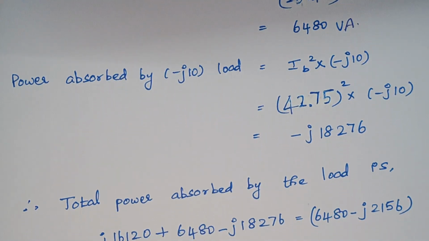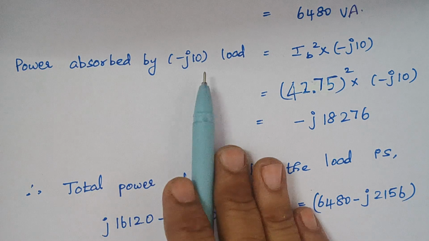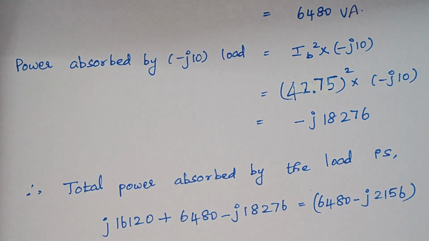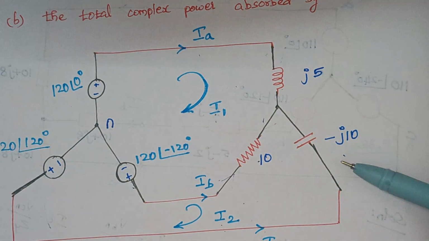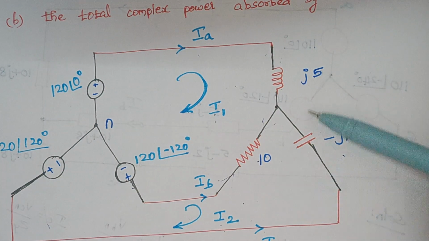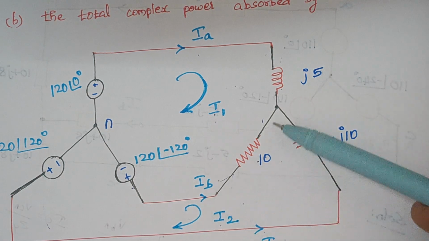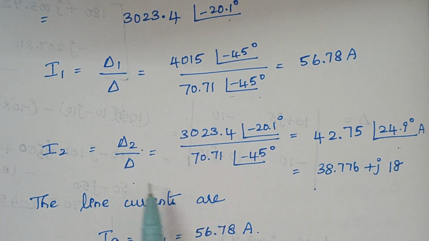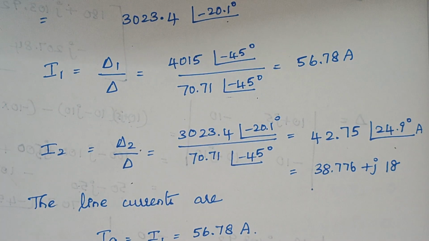Now the next thing is power absorbed by minus J10 ohm load, that is a capacitive load. So the current flowing through that capacitive load, again you look back at the diagram, so it is minus J10, right? And what is the current that flows through this part? It is I2, right? So here you see I2 is 42.75.